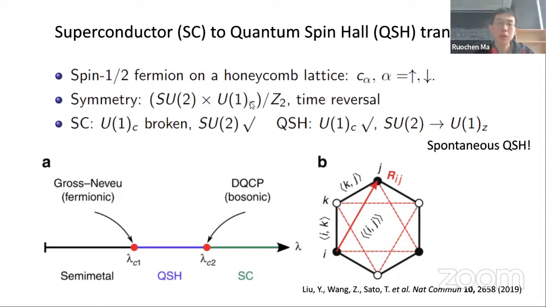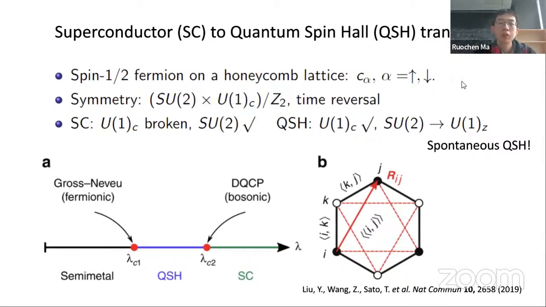And of course, if you are careful enough, you should also note the common Z2 center of these two symmetry groups, as the common center acts in the same way on the physical operators, namely the electron operators.